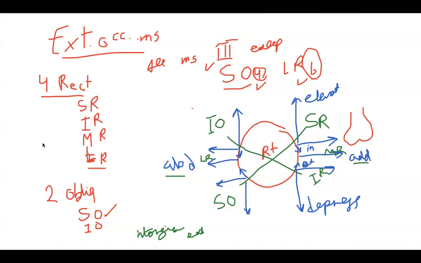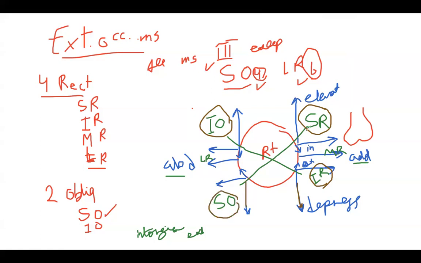So if I ask you what are the muscles that move the eyeball up? They will be superior rectus and inferior oblique. What are the muscles moving the eyeball down? Inferior rectus and superior oblique.